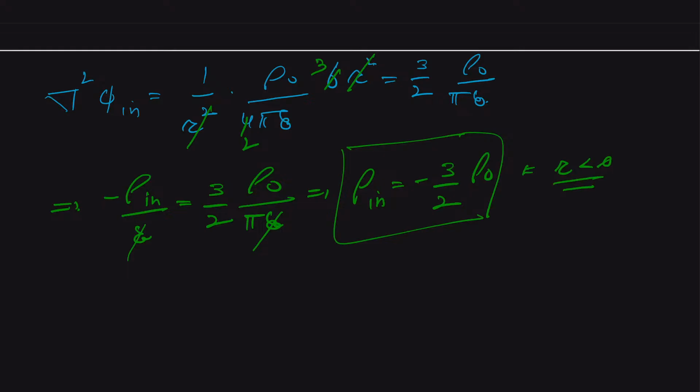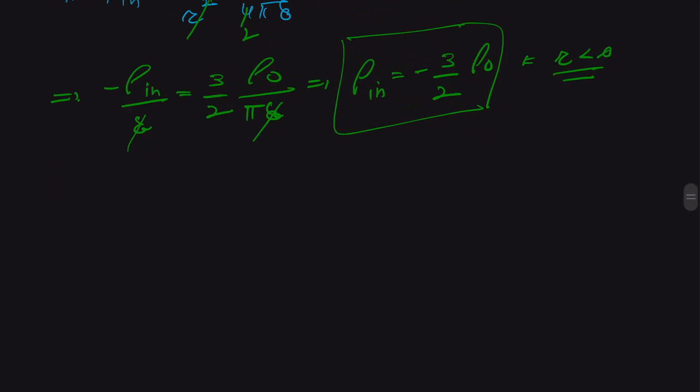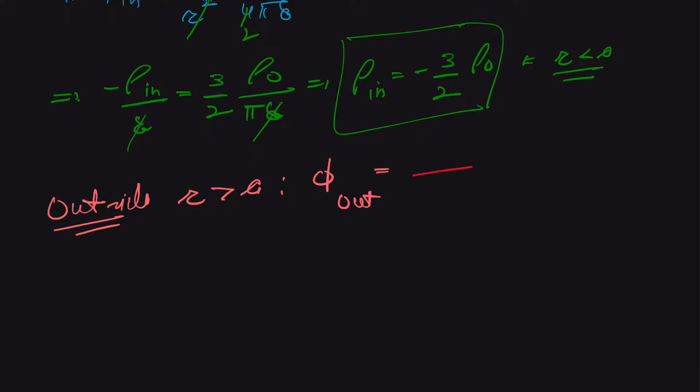Similarly, we can find out for outside, when r is greater than a. And we already know that potential outside is equal to rho naught upon 4 pi epsilon naught times minus a square plus 2a cube upon r.